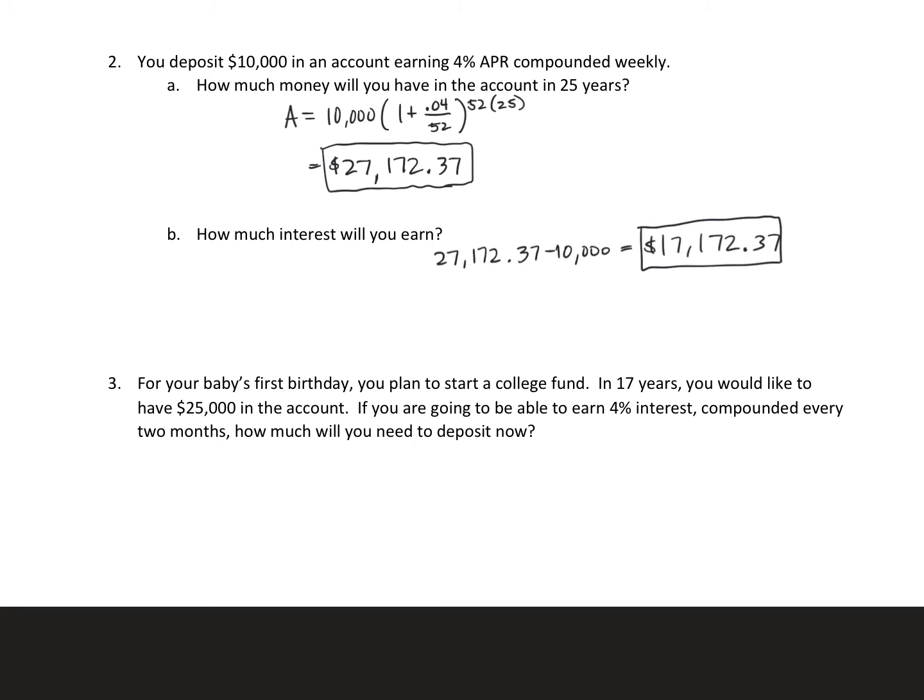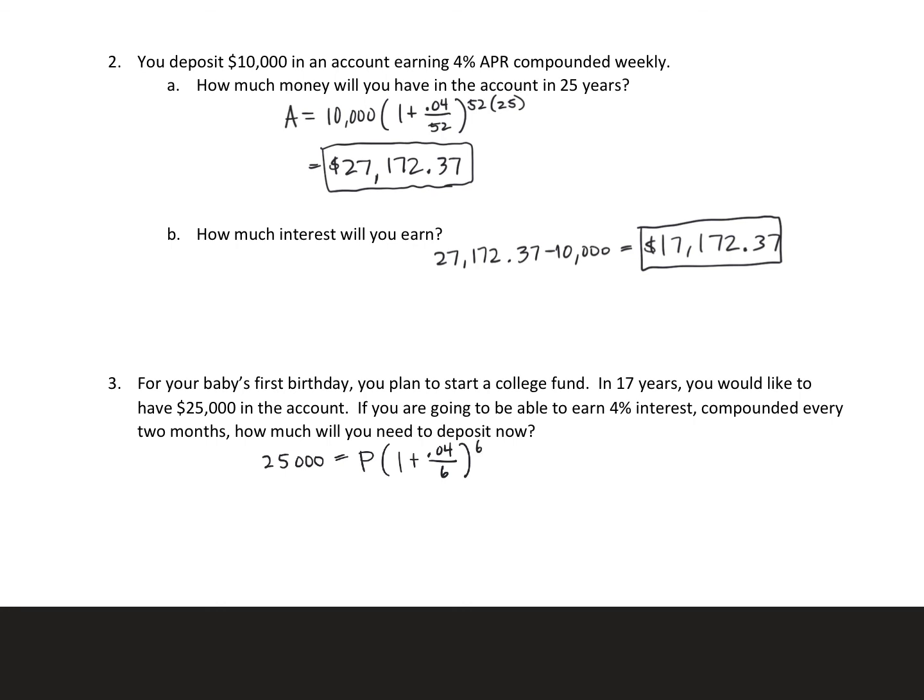So the amount at the end, the A, is $25,000. The principal I don't know. 1 plus interest rate is 0.04. The N, compounded every 2 months, means it'll be compounded 6 times per year.